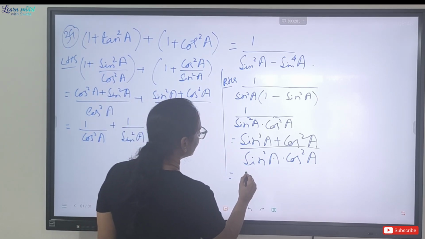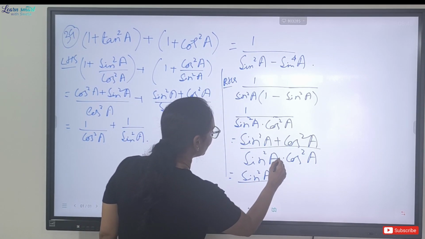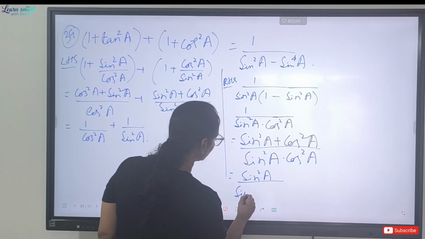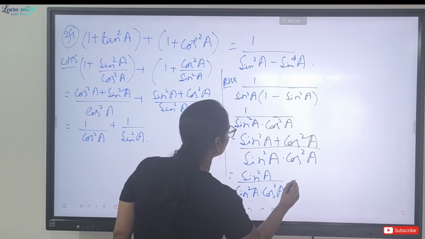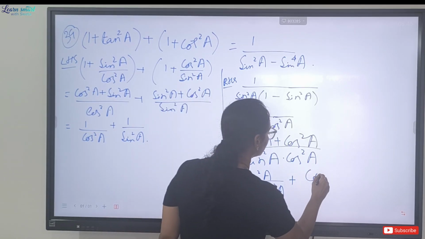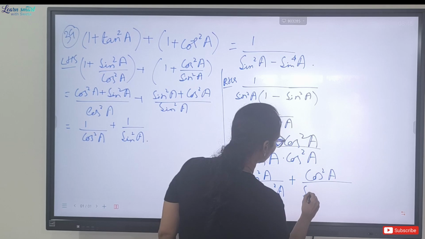We will get sin square A by sin square A into cos square A plus cos square A upon sin square A into cos square A.